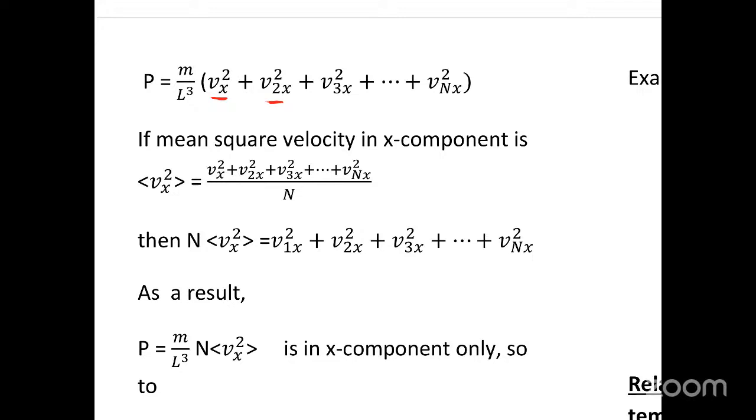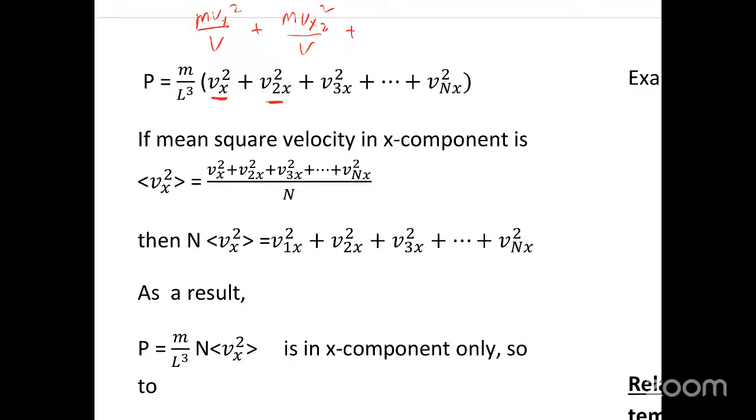So let me write it longer for you. The first particle was m Vx squared on volume. The second particle will be m Vx2 squared on volume.